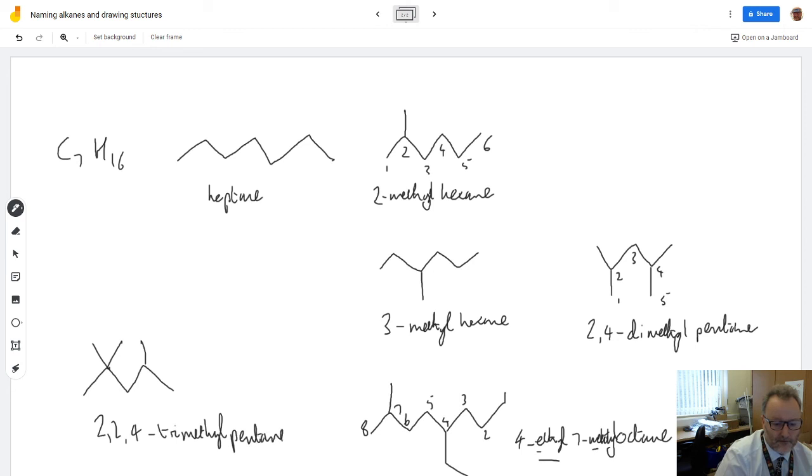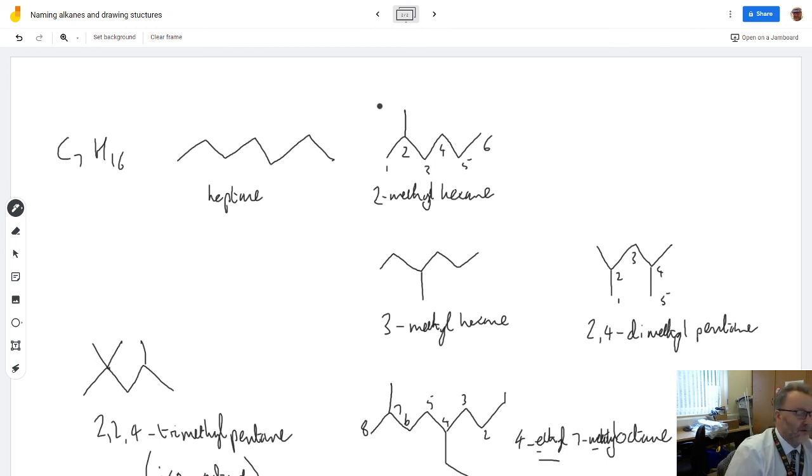There we go. Okay, and this one here is sometimes called isooctane. And if you look at petrol pumps and you'll see relative octane numbers, it's actually all about this compound here, 2,2,4-trimethylpentane, which has an octane number of 100, although that's not in most specs now.